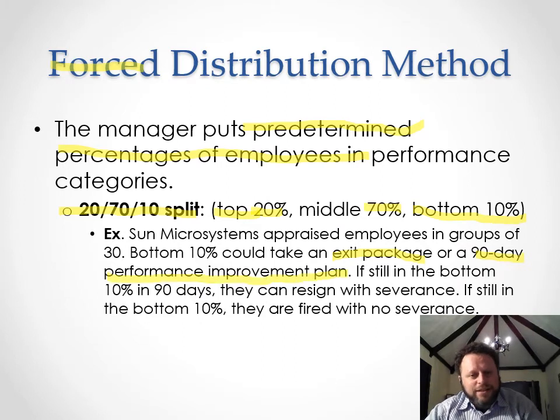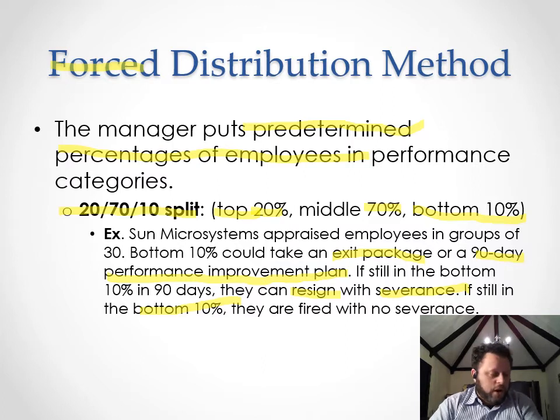If you're still in the bottom 10% in 90 days, you can resign and you get your severance. That's like a small payment to leave the job, not as good as the exit package. And then if you don't want to take that, okay, we'll give you another 90 days. And if you're still in the bottom 10%, you're fired, no pay.